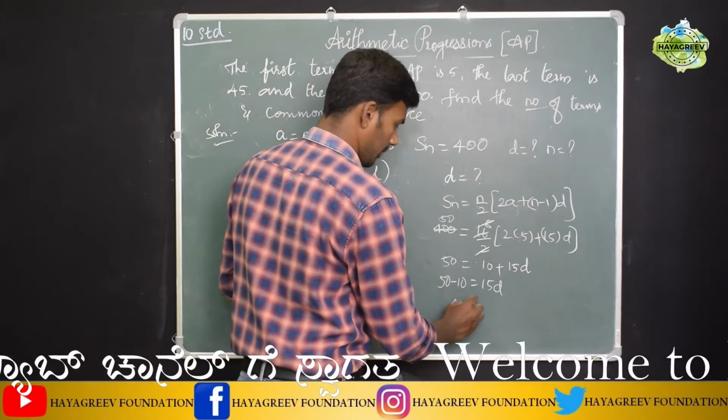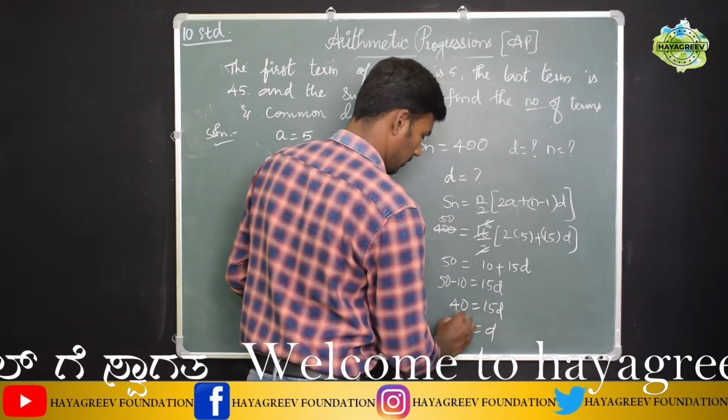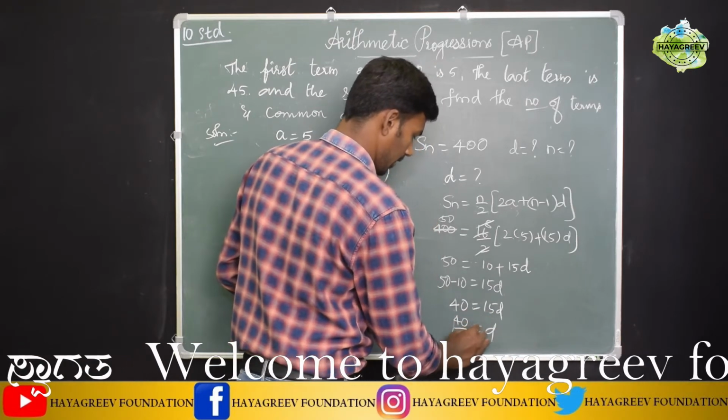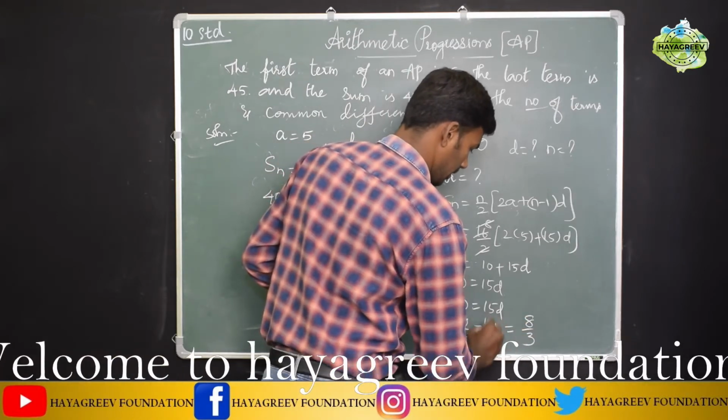So 40 is equal to 15d, then d is equal to 40 by 15 is equal to 8 by 3.